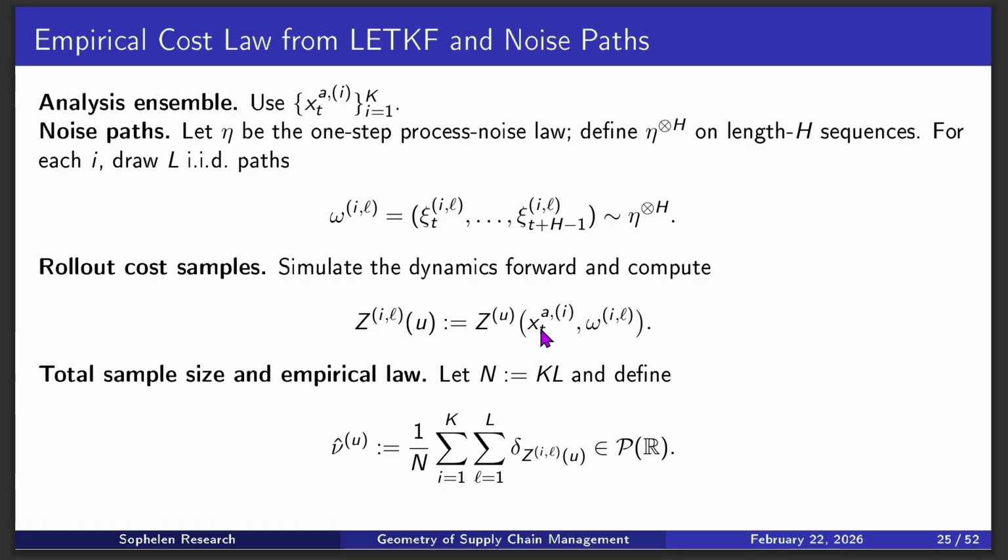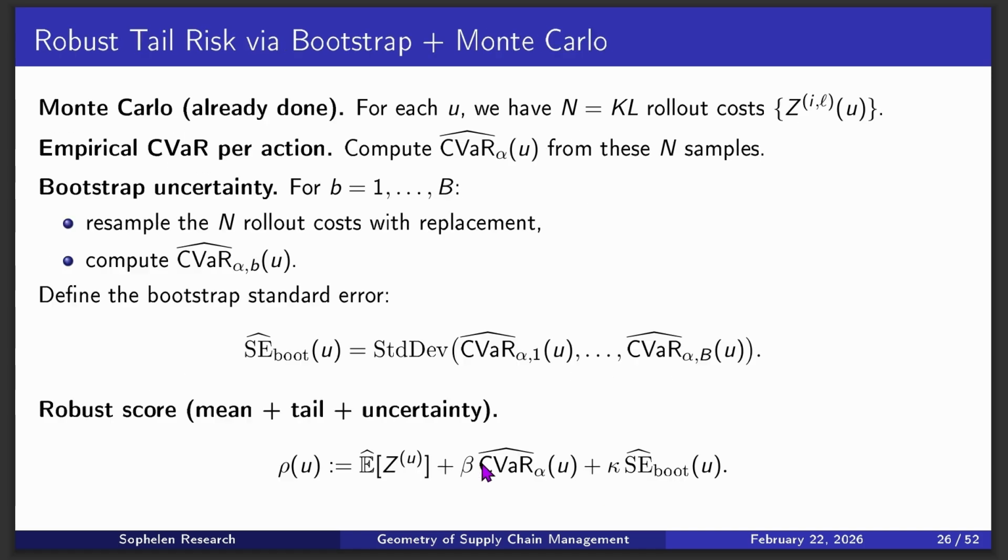And then you perturb each ensemble a little bit by adding noise. Because you have K ensemble members in L paths, you have a total of N noise samples. I guess the more the better. So we have this distribution of the cost, using Monte Carlo N rollout costs.